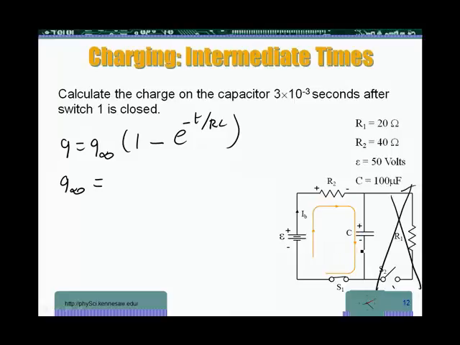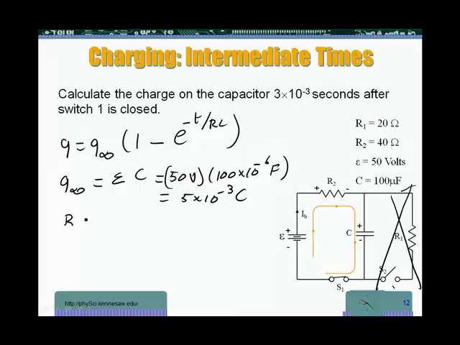After a long time, there is no more current in the circuit, and the charge in the capacitor is just E times C, which is in this case 50 volts times 100 times 10⁻⁶ farads. So this is 10⁻⁴ times 50, so it's 5 × 10⁻³ coulombs.